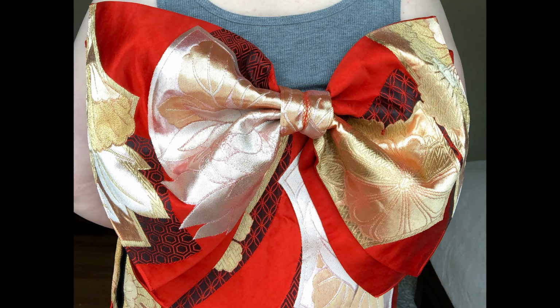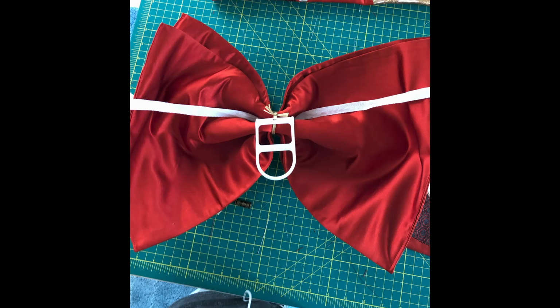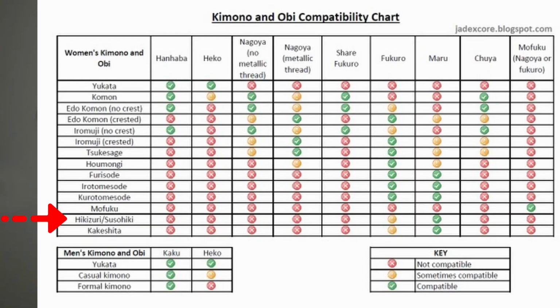One example is the obi that I ended up choosing for my cosplay actually velcros on the side, and I created a fake bow in the back. I did this for a couple of reasons, one of which is it helps me get dressed completely by myself as opposed to tying the obi. Typically there's a specific type of obi tie used for the level of formality of the obi that I chose, with different levels of formality based off of the width.